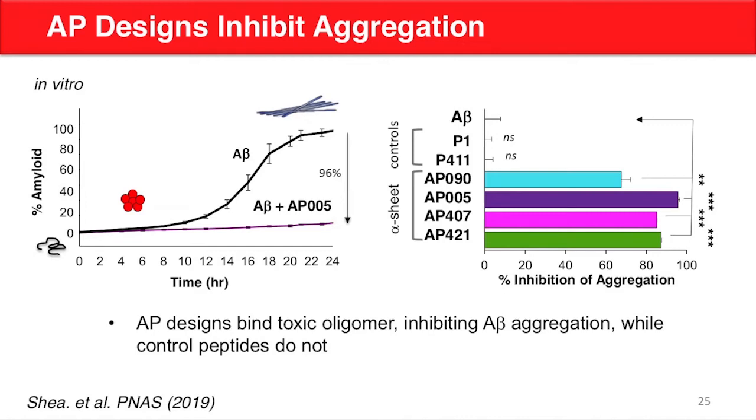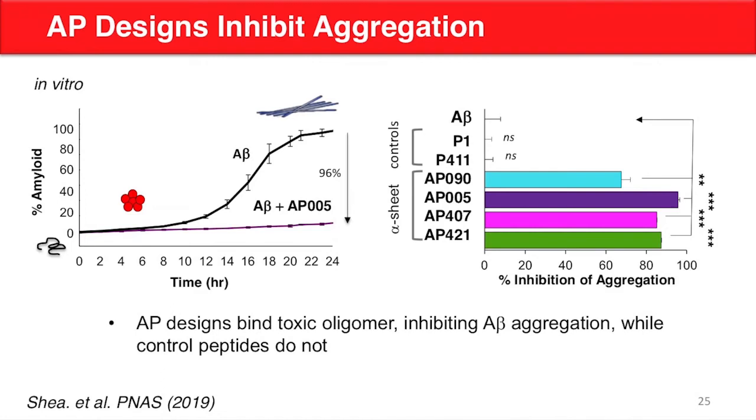The plot on the right shows you more of this, where we do the same THT experiments and then just quantify the amount of inhibition. So on the left, you can see it's 96% for AP5, and then you see now three other AP compounds with different sequences, and they also show good inhibition. These were also peptides that were used in the MMS study. Now, in contrast, we have two controls up there.